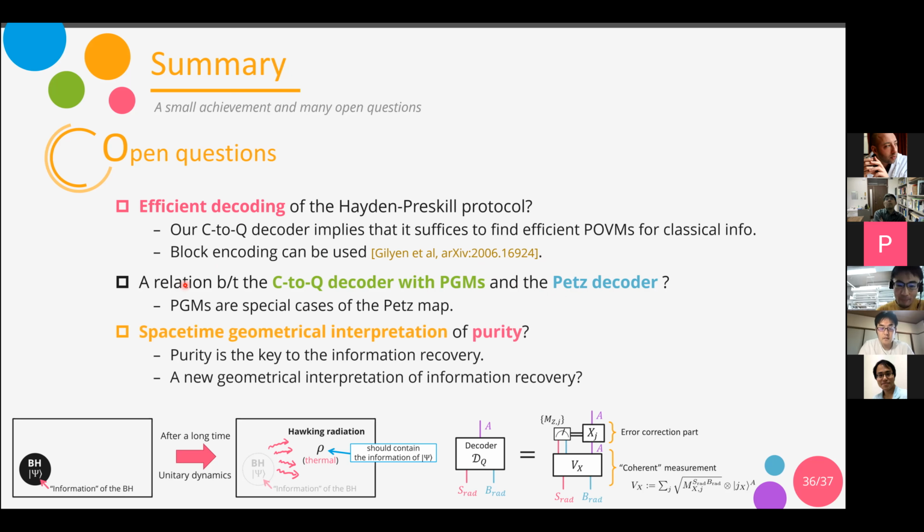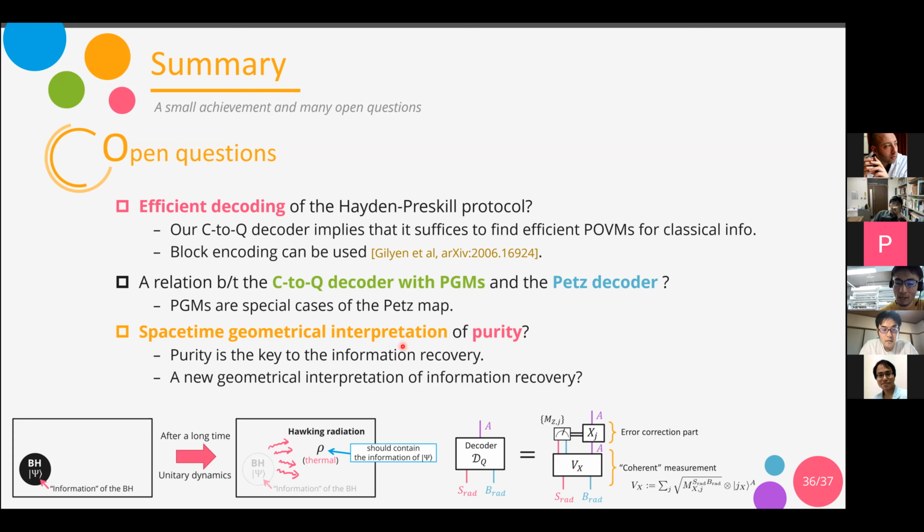And finally, this is something I cannot do by myself, but I'm also a little bit interested in the space-time geometrical interpretation of purity. As I said, the sufficient condition for information recovery is given by the purity, and we just fix the input state as a completely mixed state. If we know the purity of the radiation, then we get some criteria for information recovery.